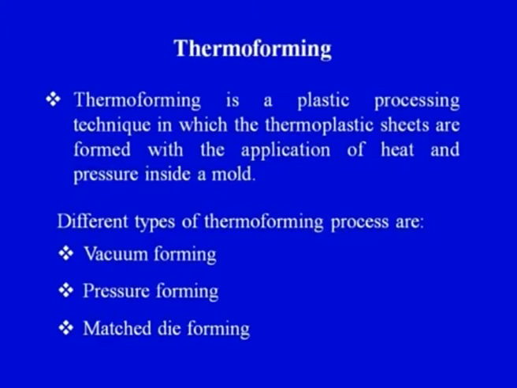We have different variants of the thermoforming process: vacuum forming, in which a vacuum is used to deform the shape, pressure forming, and matched die forming. We will see with the help of diagrams what these forming techniques are.